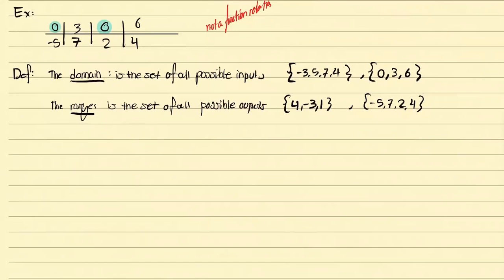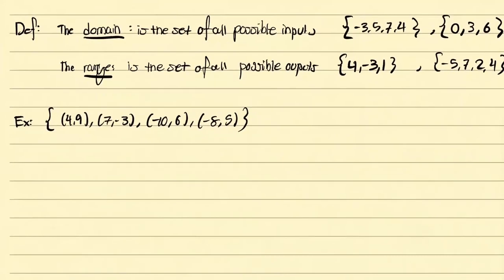So let's try another type of example where we have pairs of numbers. So these represent X and Y values, where X is the input and Y is the output.